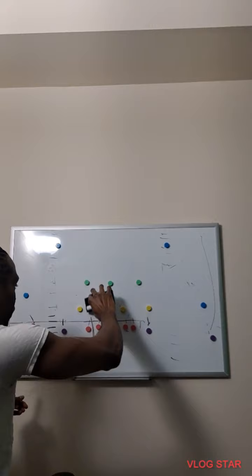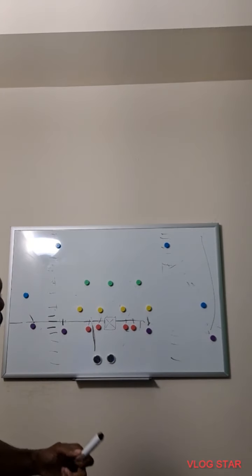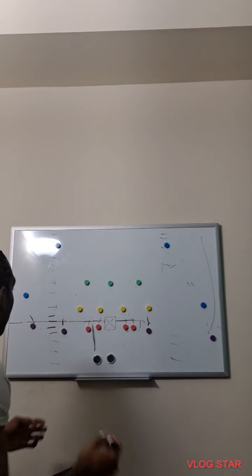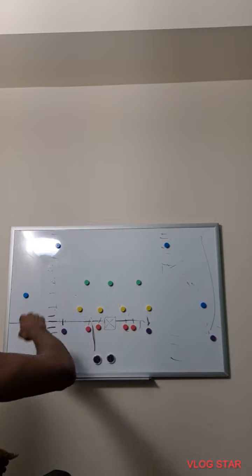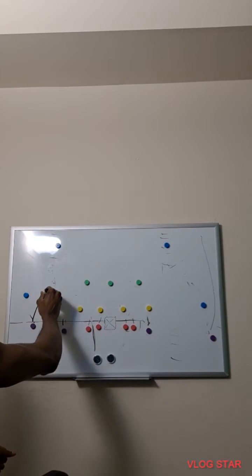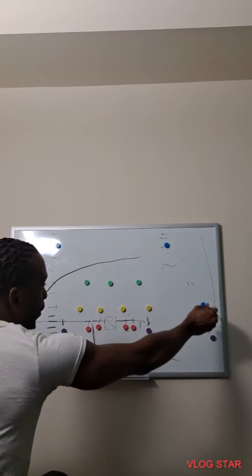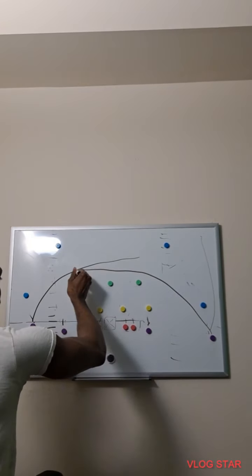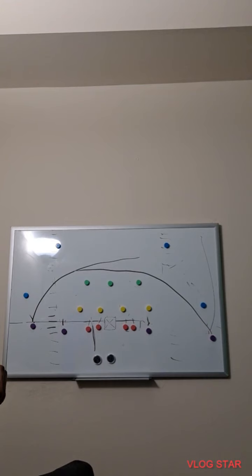What else could we do? Cover two, you could run all streaks. Oh, let's do crossers. So cover two, let's say shallow deep cross, and then he runs his shallow deep cross underneath him. You could do that.